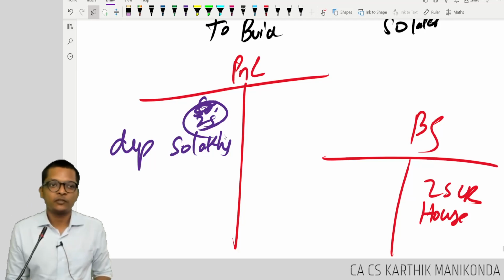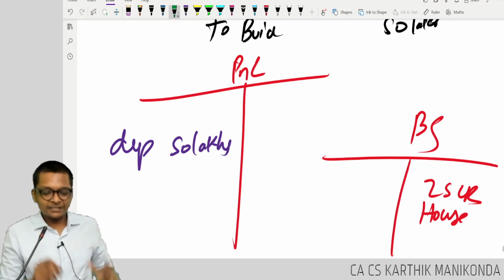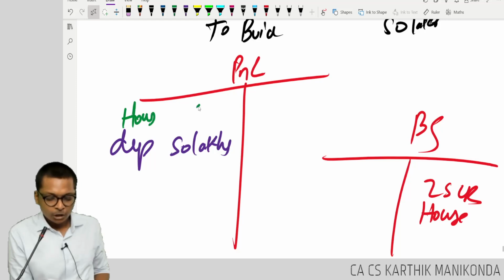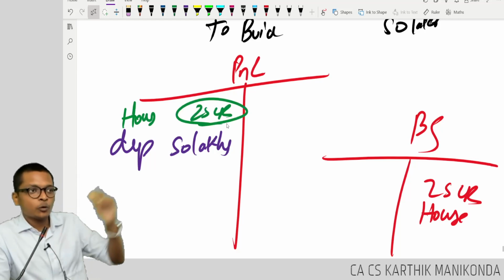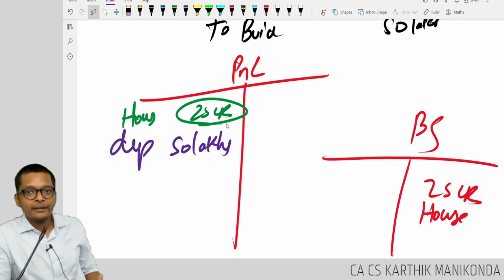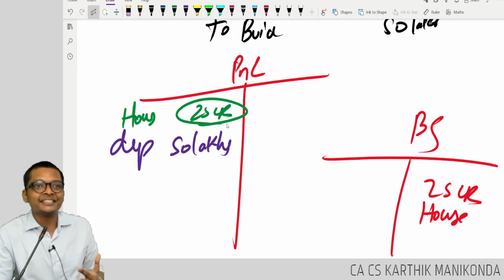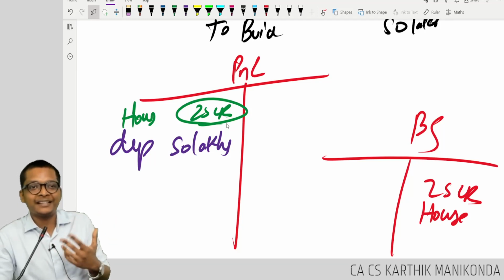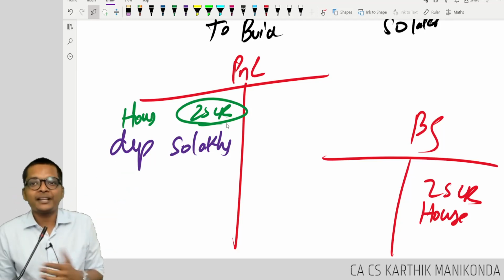Why balance sheet first of all? Why one stupid asset? Why capitalizing, depreciating, creating headache? Full 25 crores I will debit P&L. Why should I capitalize?